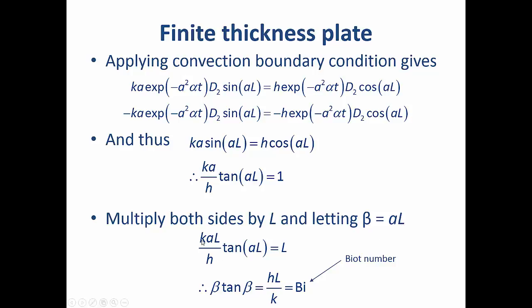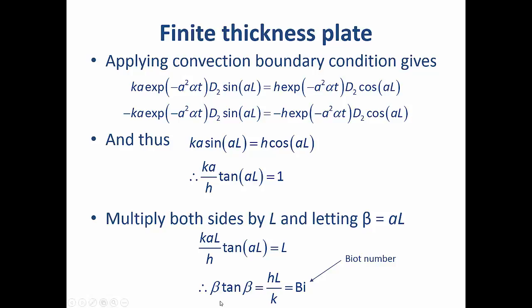So doing that in two steps, we first get (k/h) times tan Al equals L. The term Al we're calling beta, hence we get tan beta. Al here becomes beta, and then I've cross multiplied the h and the k, so this would give on the right hand side hL over k, but that is just the Biot number which we previously defined.